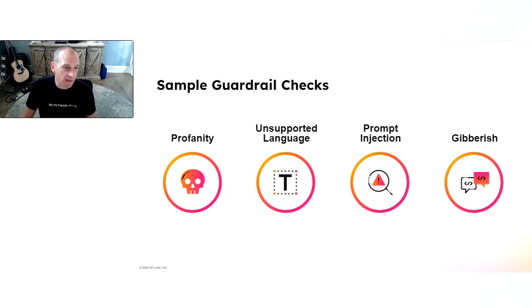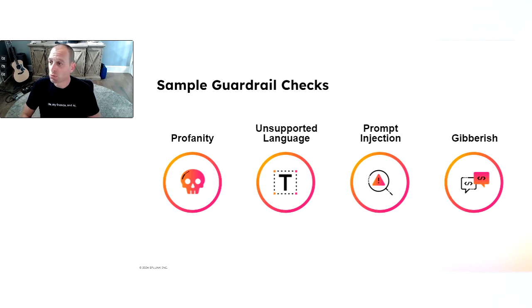So I already hit on some of these, but here are some of the sample guardrail checks that we do. This is not an exhaustive list, but it gives you an idea of the checks we're doing. We're trying to make sure you're not using profanity. Maybe there's a language that we don't support, right? So you're putting in Mandarin, and we don't support Mandarin today. So detecting languages and making sure we support them, prompt injection, gibberish.